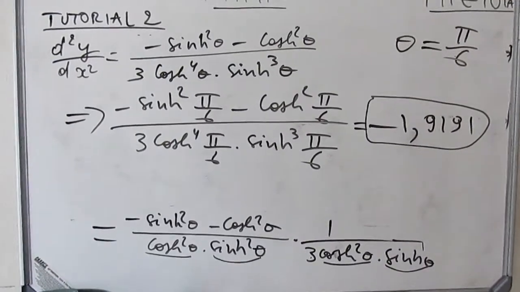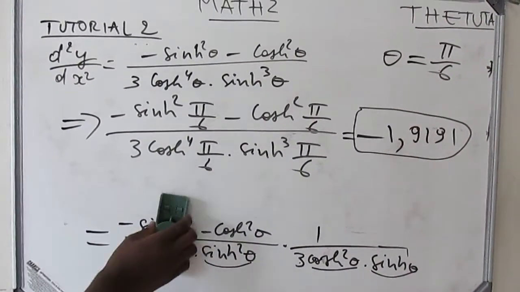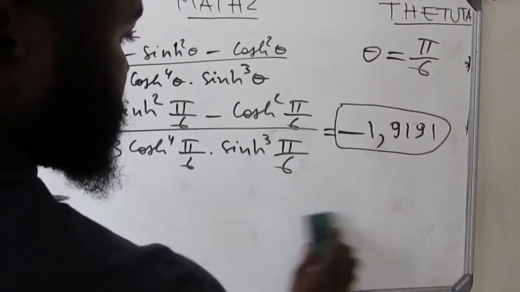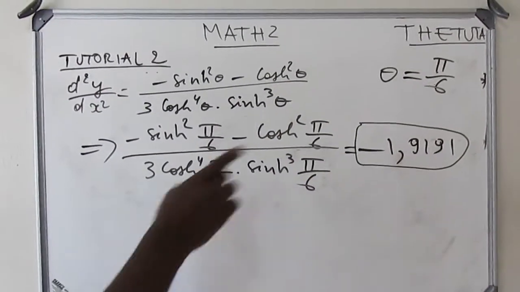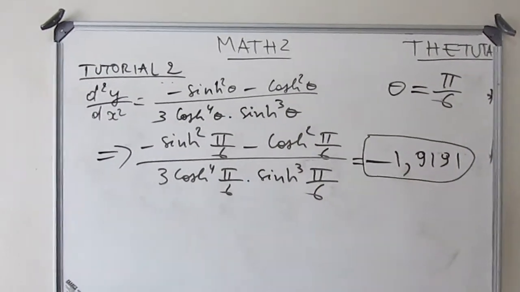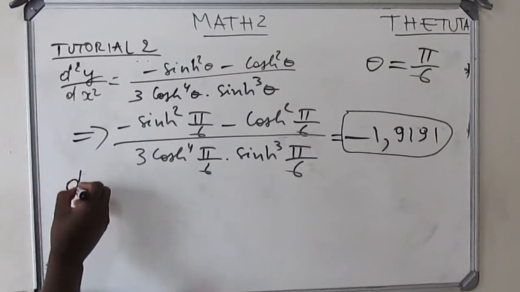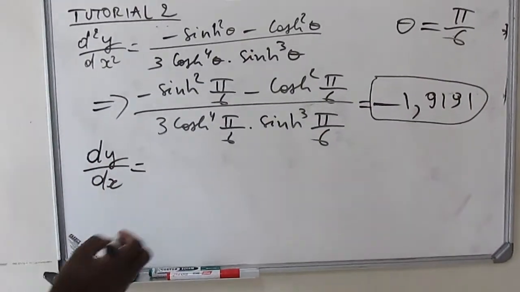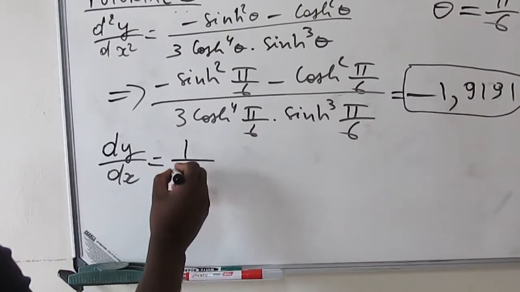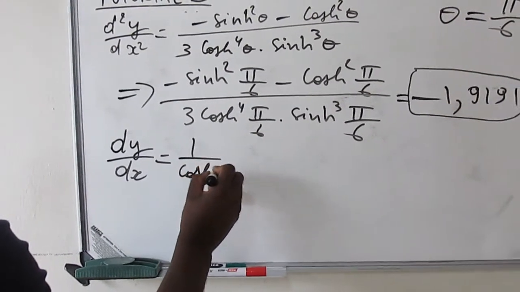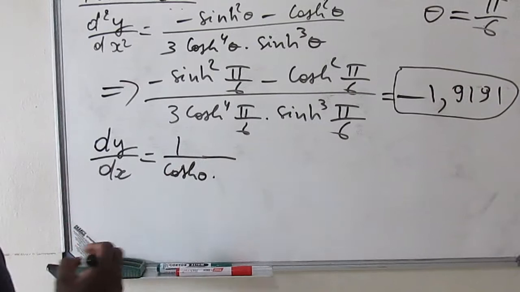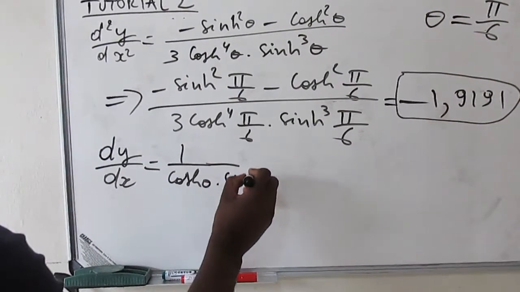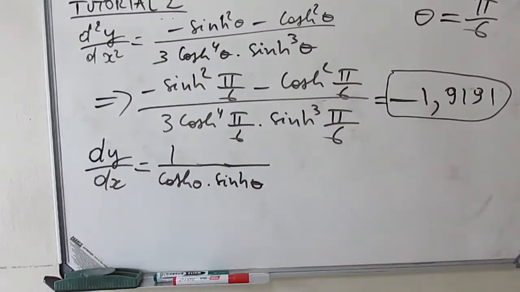But remember, they also asked us to find dy over dx when theta is equal to pi over 6. So our dy over dx, we found that it was 1 over cos of theta multiplied there by what? By sinh of theta, right?